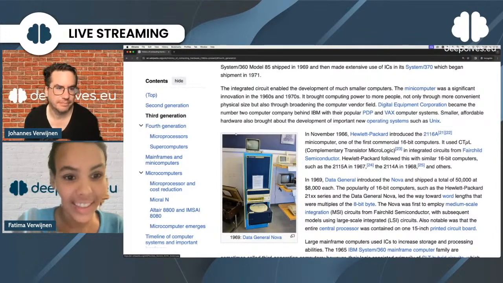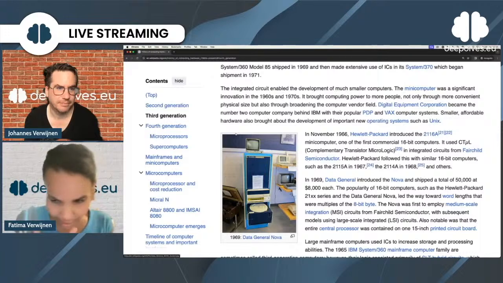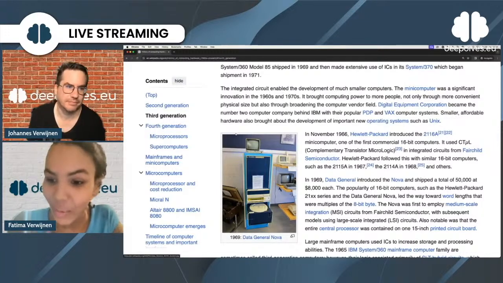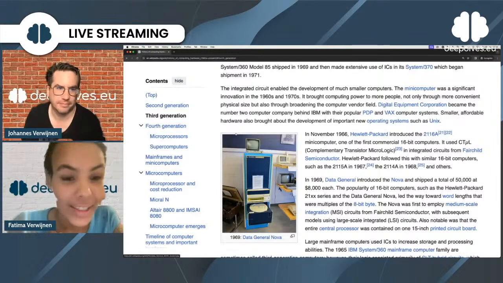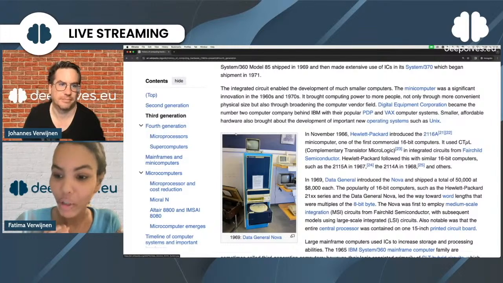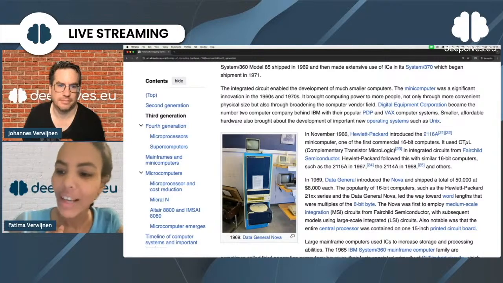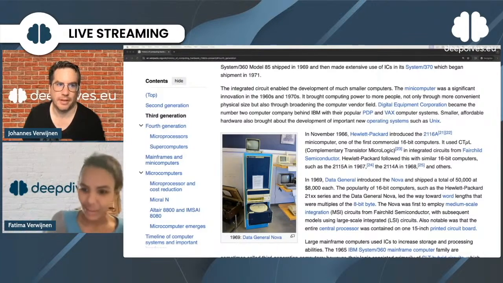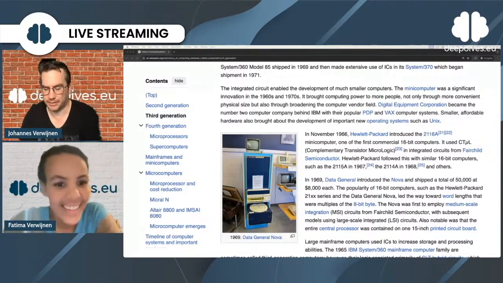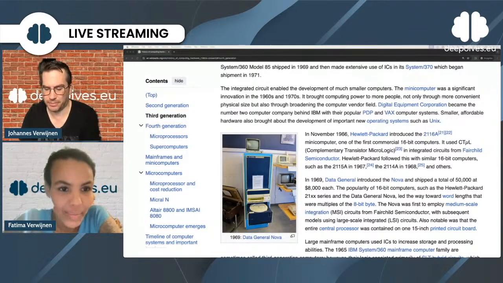Continuing from the 1960s, let's go straight to 1965, when the first integrated circuit computer, the PDP-8 from Digital Equipment Corporation, appeared. We're getting towards companies and architectures that I'm actually familiar with.